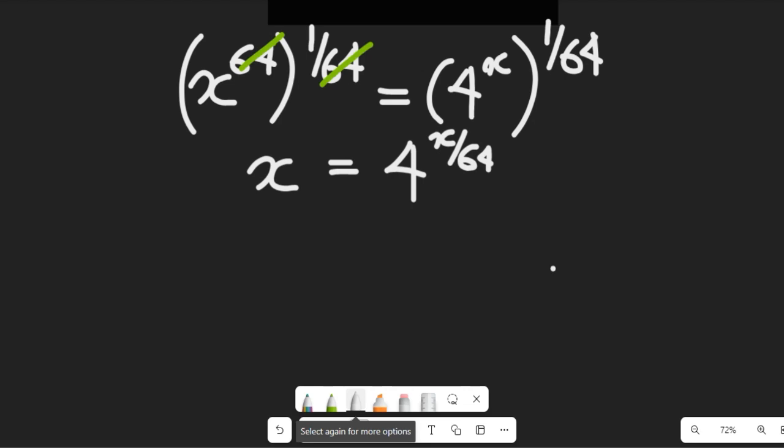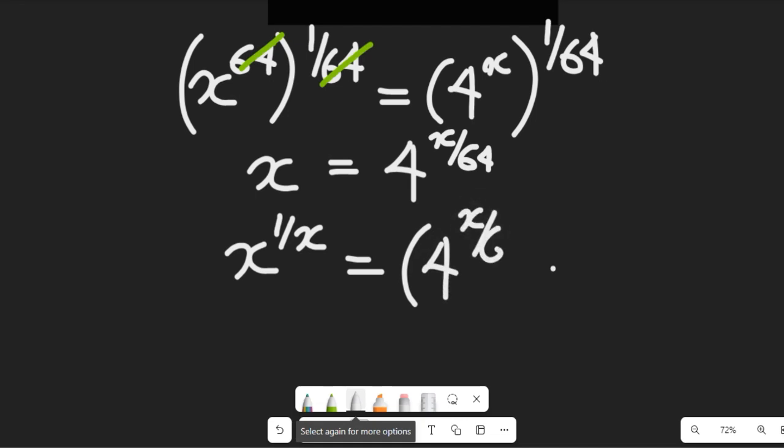Great. So what do I do next? I'll have to think of removing x from the other side, and to remove x from the other side, I have to raise both sides to the power of 1 divided by x. So this becomes x to the power of 1 divided by x. What I do to the other side, I also do to this side, and that will give me 4 to the power of x divided by 64 all to the power of 1 divided by x.